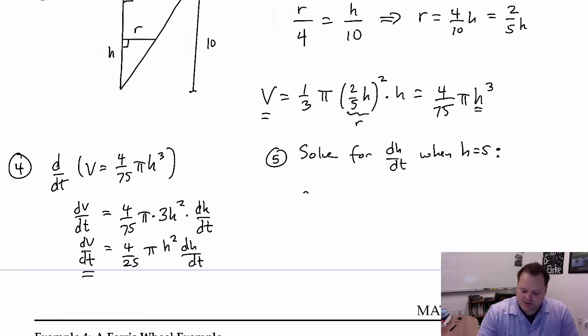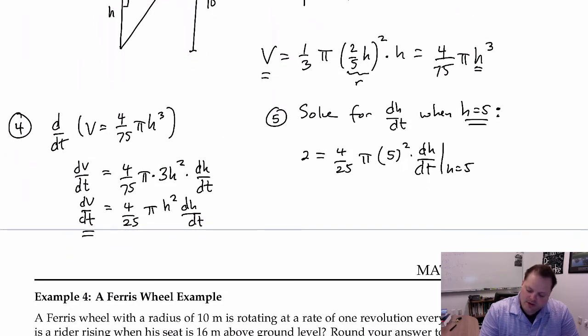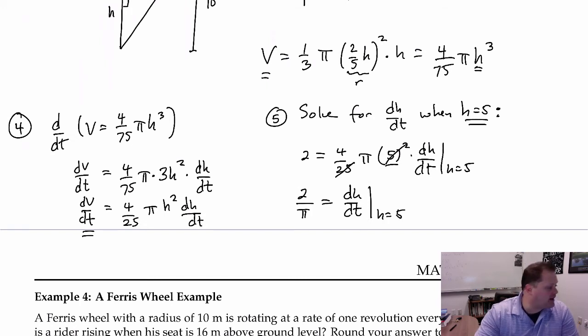The volume increases at a rate of 2 cubic feet per minute, which is equal to 4/25 pi h squared times dh/dt, when h is 5. So the 5 squared and the 25 cancel, and so it looks like you get 2 divided by pi is the rate of change of the height when h is 5. 2 divided by pi.